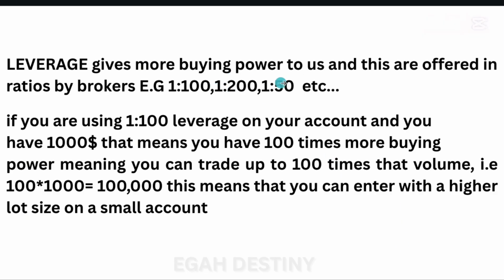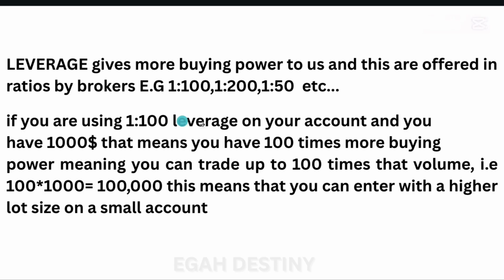Leverage gives more buying power to us, and these are offered in ratios by brokers, e.g. 1:100, 1:200, 1:50, 1:25. Some brokers go as far as offering 1:unlimited. If you are using a 1:100 leverage on your account, this simply means when you have $1,000, you have 100 times more buying power, 100 times more trading power when your account is set to 1:100.